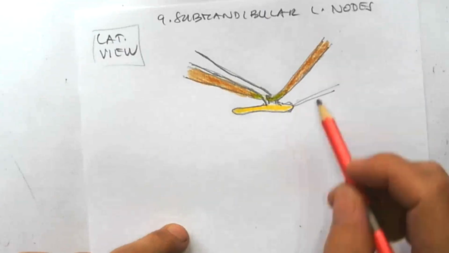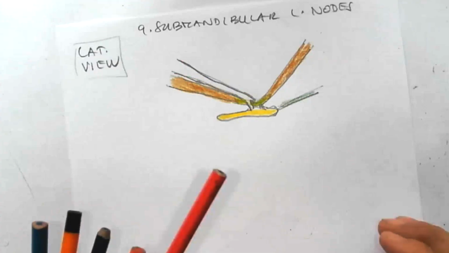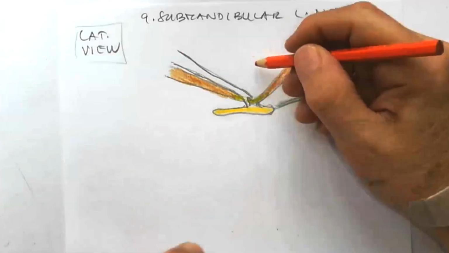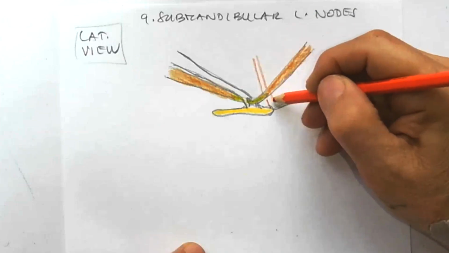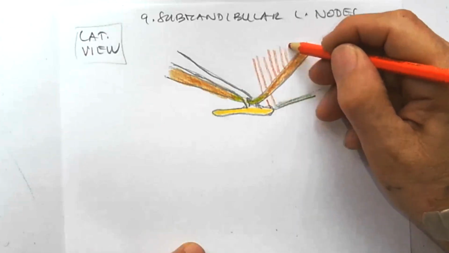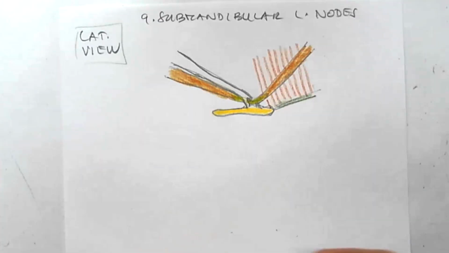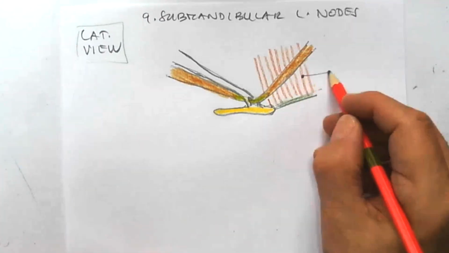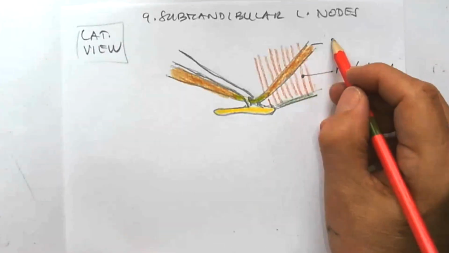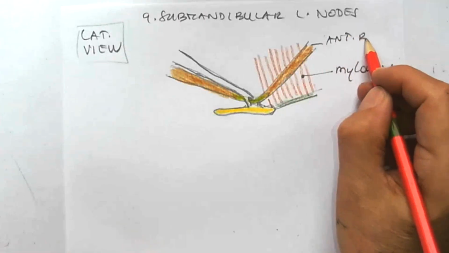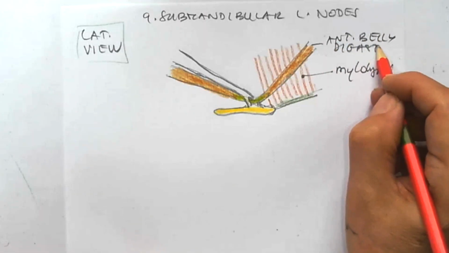Then anteriorly runs the raphe of the mylohyoid. So carefully we draw also the lines of the mylohyoid, like that, lines of the fibers. This could be sufficient, yes. So again, we see the mylohyoid, correct. Here is the anterior belly of the digastric, sufficient.